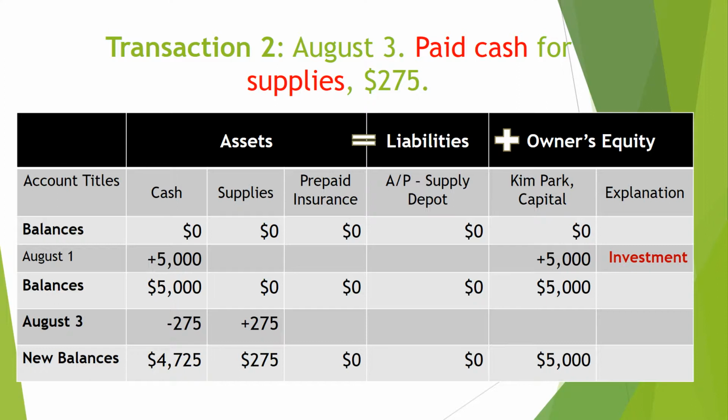Since our prepaid insurance still has a zero balance, we carry the zero down for our new balance. Accounts payable still has a zero balance, so we'll bring that balance down as zero. And our capital account is still $5,000, so we'll bring our $5,000 down.